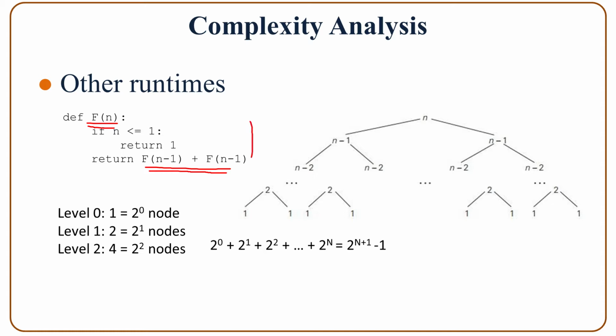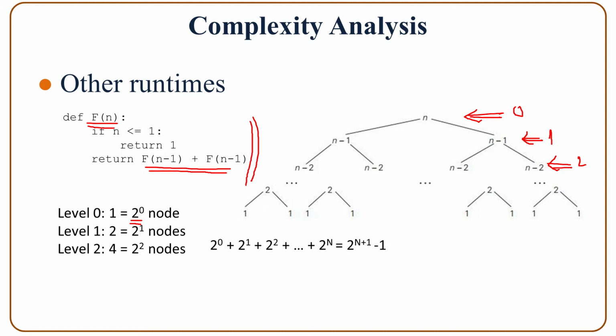So looking at the tree, this is level 0, and the next is level 1, the next is level 2, etc. At level 0, we have one node, or we can say 2 to the 0 node.